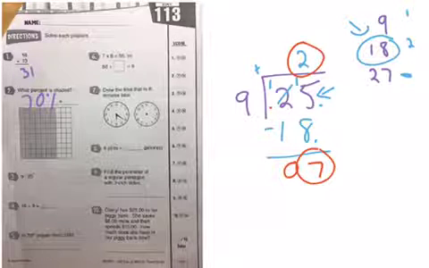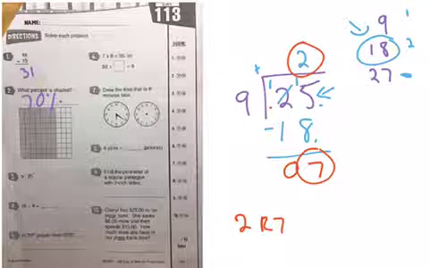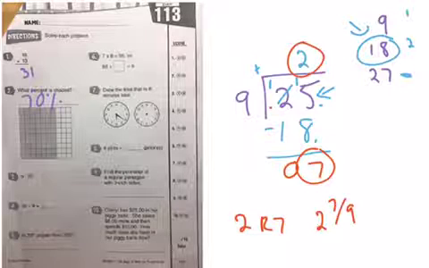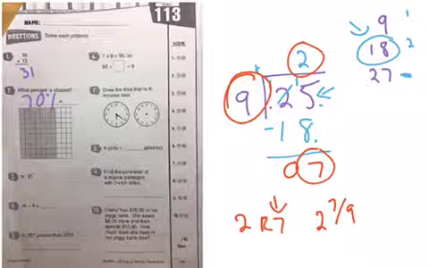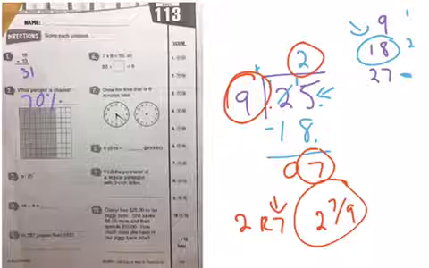So I could write that as 2, remainder 7, or I can write it as 2 and 7/9, because when you have a remainder, you can put it over the number on the outside of the fraction and make it into a fraction, and they would mean the same thing. So you can choose which one you'd like to do for that problem.